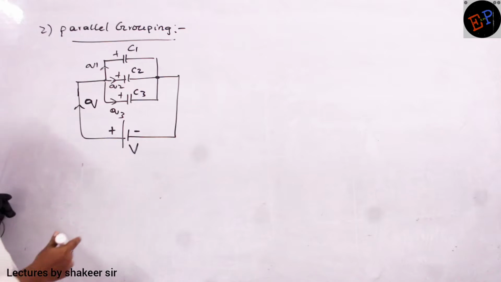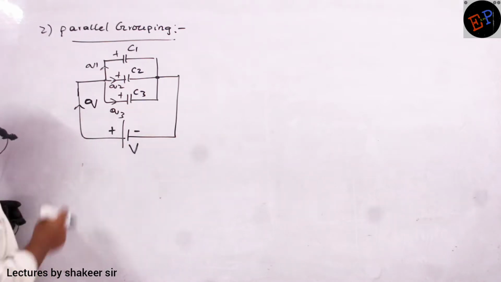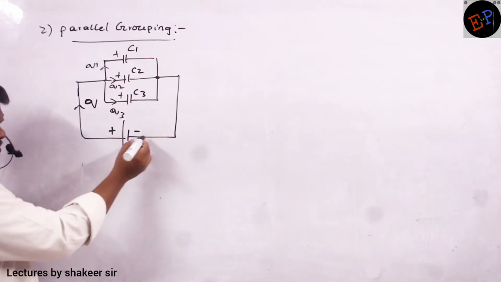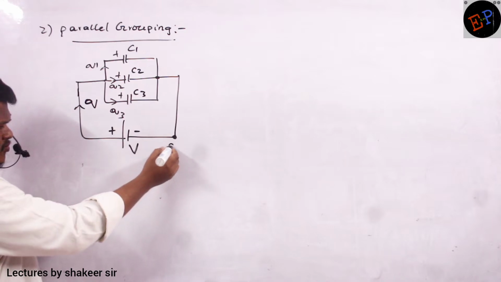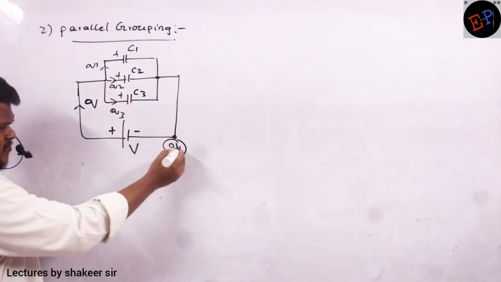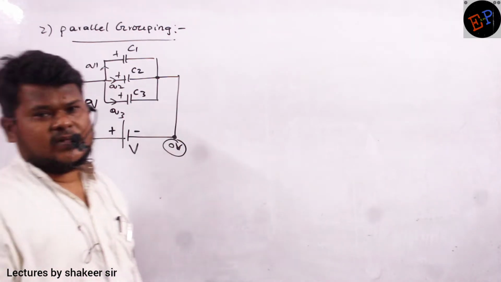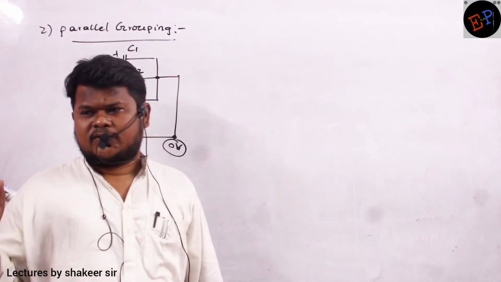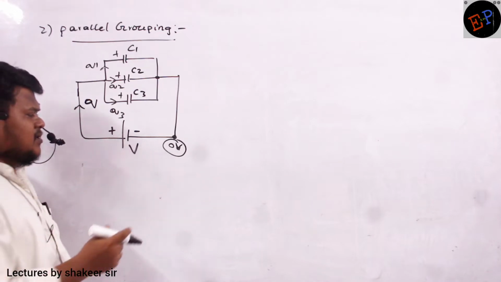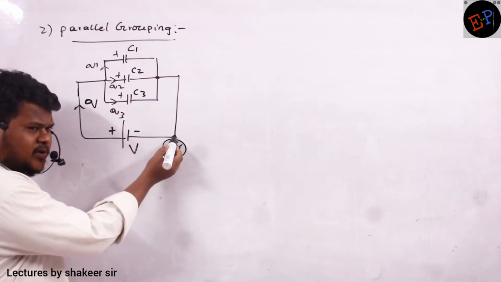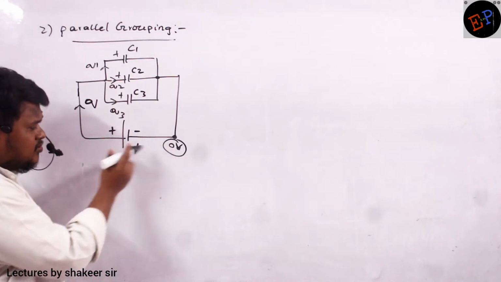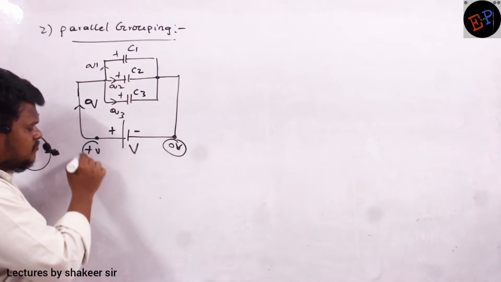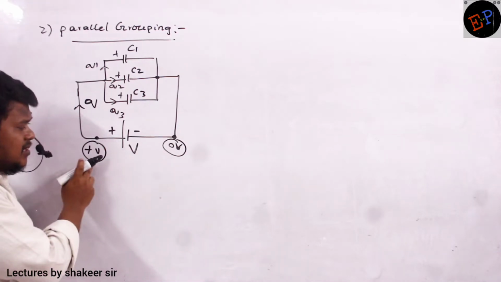Now see, what is the beauty of parallel connection? Here if I consider potential to be 0 volts, potential is always a comparable quantity. Without comparison, you can never estimate potential. So always I take one end to be at 0 potential. If it is at 0, this is at plus V. It is at a higher potential.